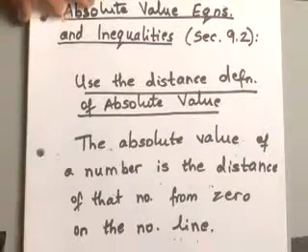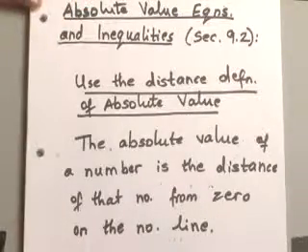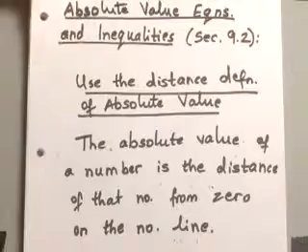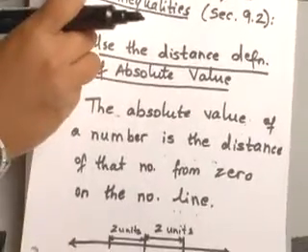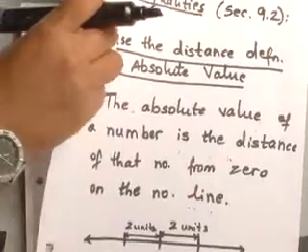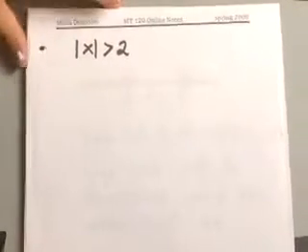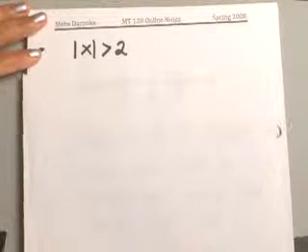What happens if we have an absolute value inequality? How do we work with those? Let's look at an example. Let's say we have this absolute value inequality: absolute value of x is greater than 2.